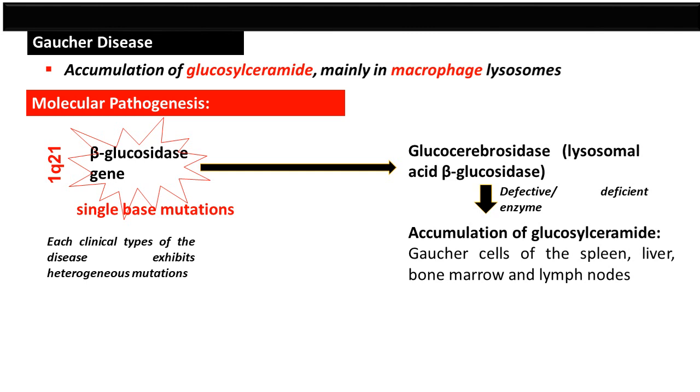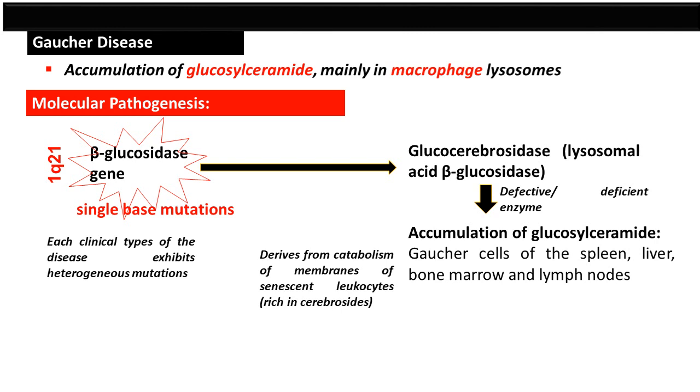This glucosylceramide is basically derived from the senescent leukocytes all over the body, and in the brain these come from the cell membrane gangliosides of the cells.